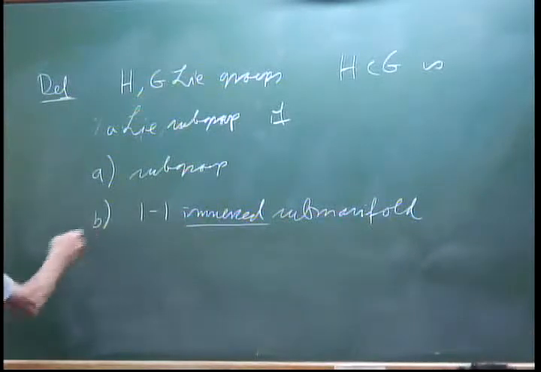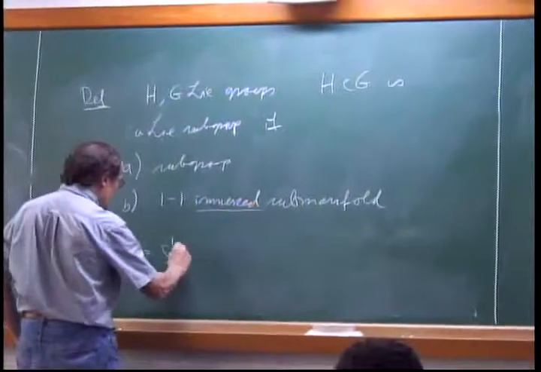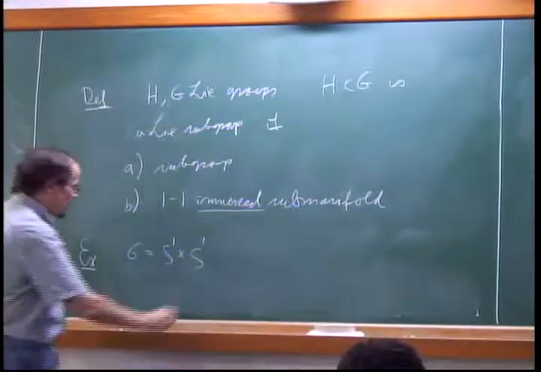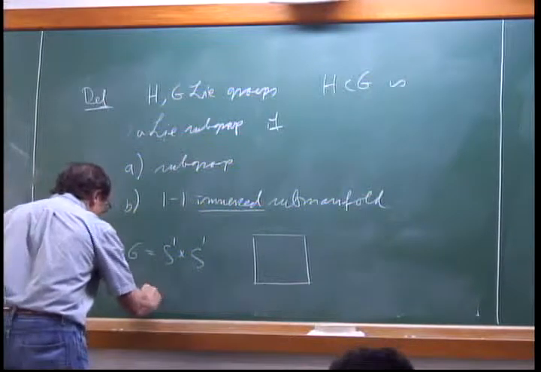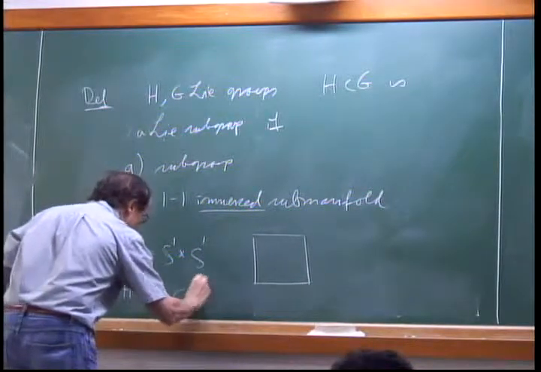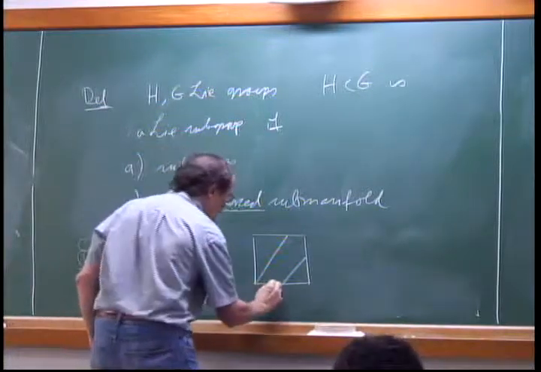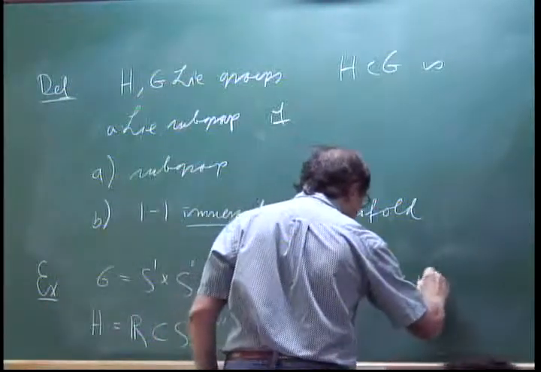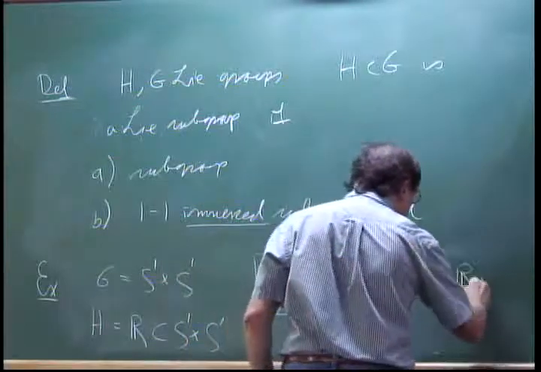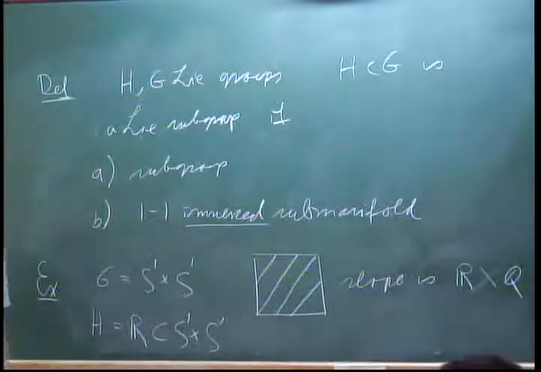And the example you should think of that presents difficulties, and that is important, is if I take my Lie group to be a 2-torus. So in this picture here, I take H to be R, sitting inside the 2-torus with an irrational slope, so the slope is in R minus Q. Then this thing is dense in the torus, right?